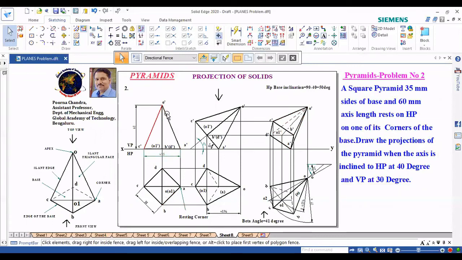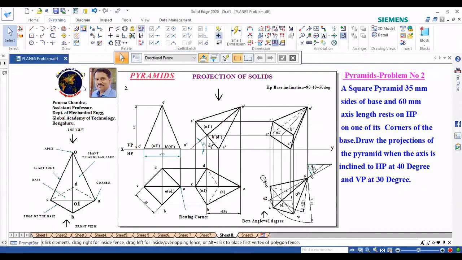So then project up, it looks like a triangle in the front view. So draw the triangle and name it like this. Then it is inclined to HP at 40 degrees as given. So since we are rotating the base, you incline the base for 90 minus 40 degrees, that is 50 degrees. And construct this, then project down and construct this.